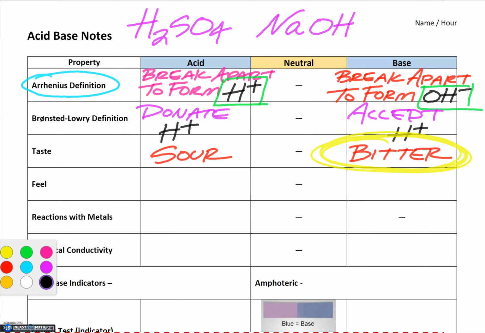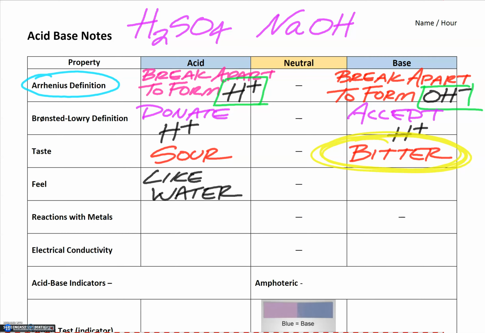The thing with an acid is it doesn't really feel any different than water. It's not going to have a specific feel to it because it is just like water. It could react at some point, depending on how strong it is, but initially it would just feel like water. Now the base, though, is going to have a slippery feel, all right?